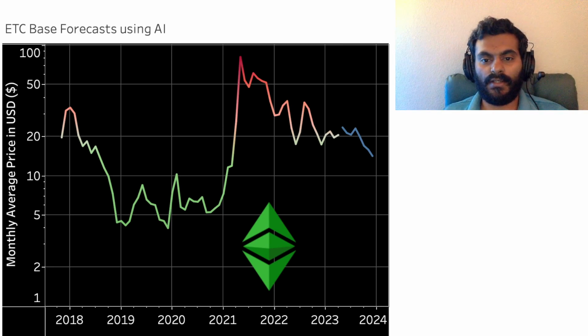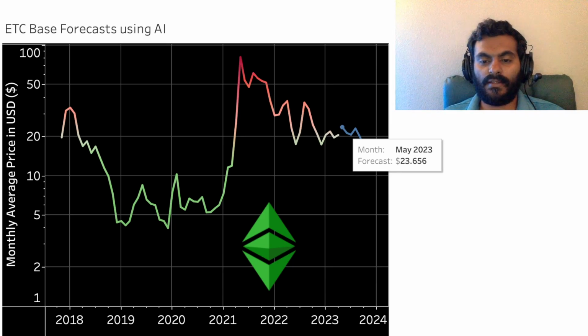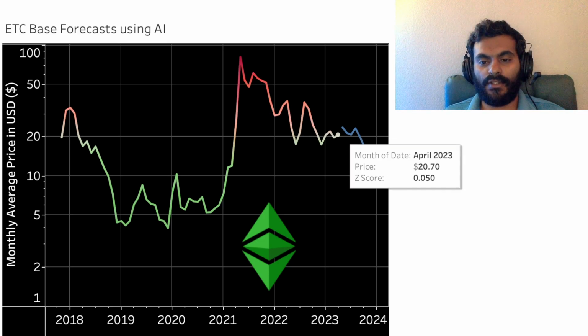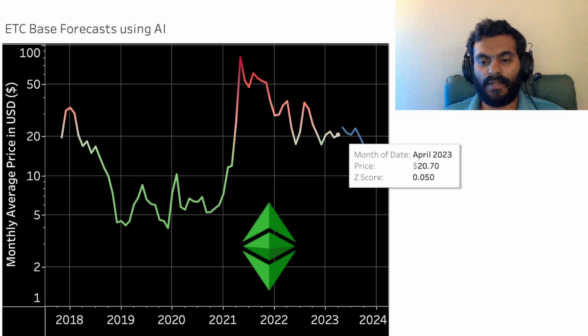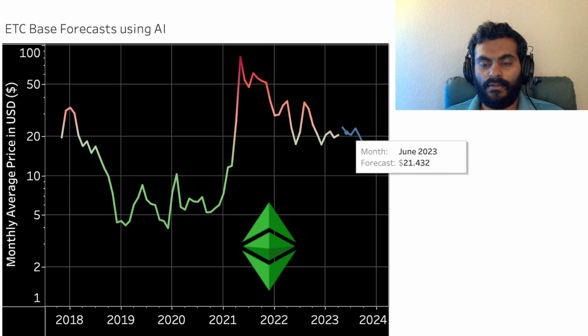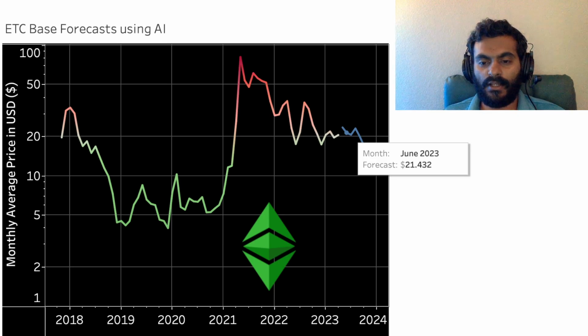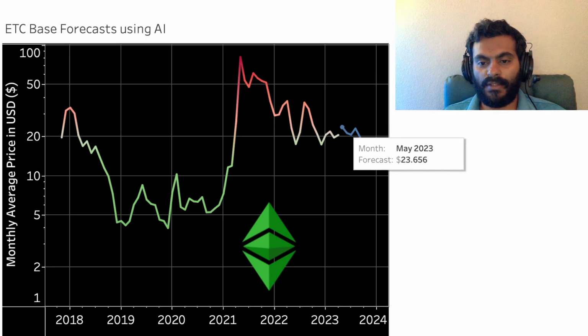Coming to the forecast, this ARIMA machine learning model forecasts a monthly average price for the month of May of around $23.65, which is about 15% above the current price; last month's average price was around $20.7. Moving to June, from $23.65, it forecasts a crash to $21.43, which is about a 10% crash.